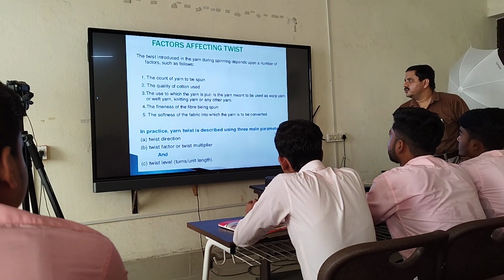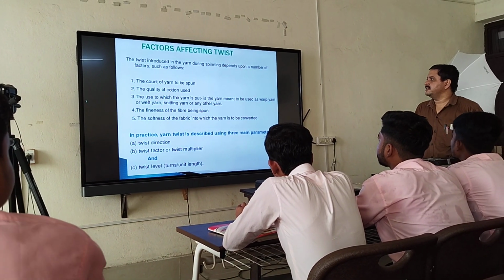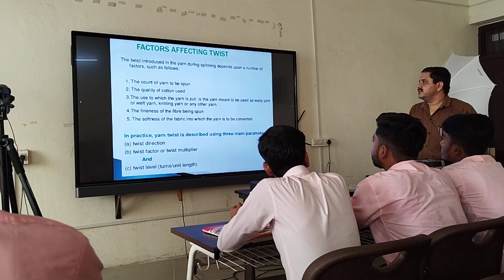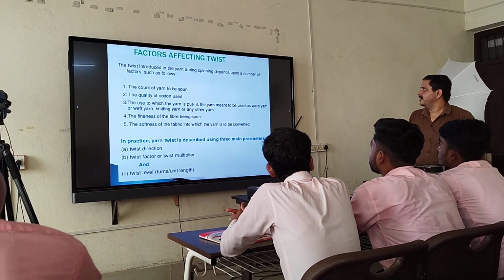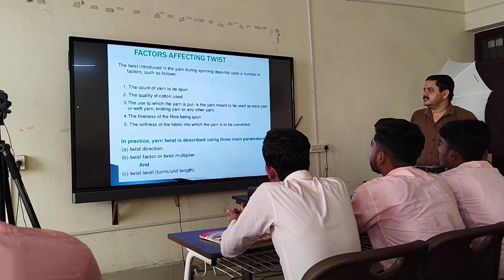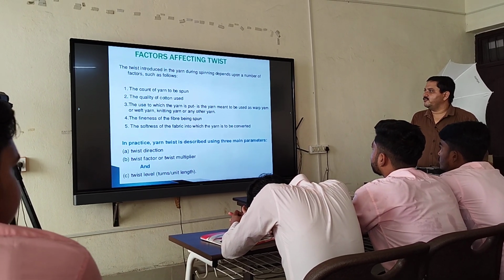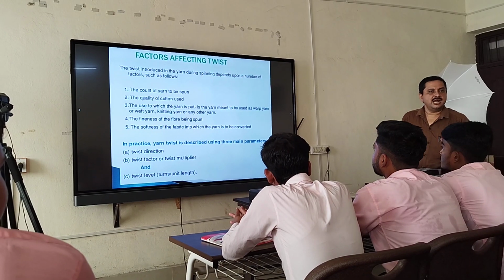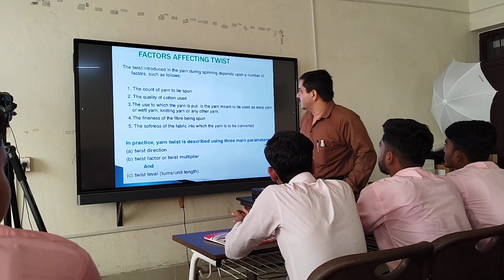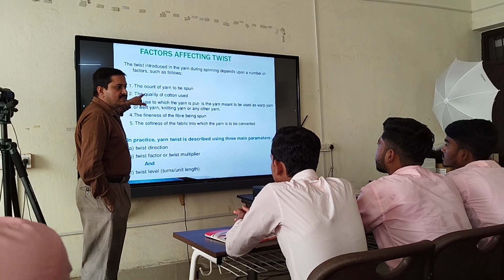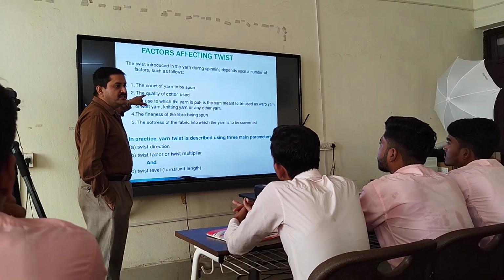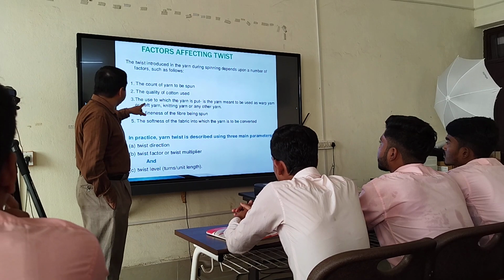Factors affecting twist. Which factors may affect twist? The twist introduced in the yarn during spinning depends upon a number of factors, such as the count of yarn to be spun. Yarn count is an influencing factor. The quality of cotton: what type of cotton you are using, meaning micronaire value, the rigidity of the cotton, that parameter.